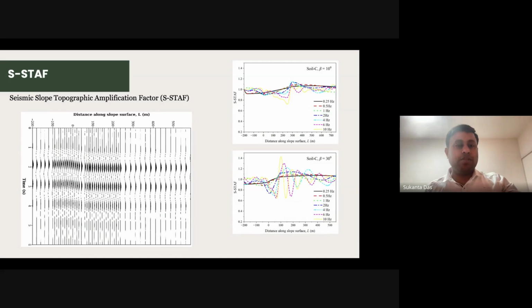One of my PhD students from India is doing further investigation on S_tuff with different frequencies and the wave transformation, how the wave transforms from one phase to another due to change of distance.